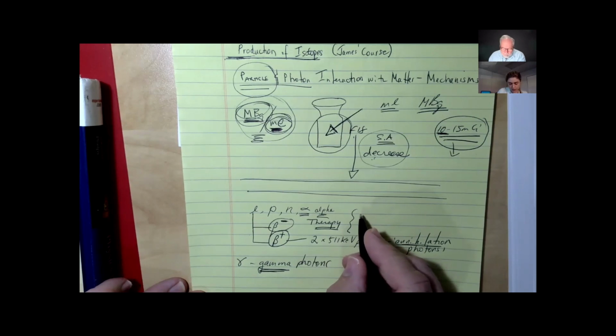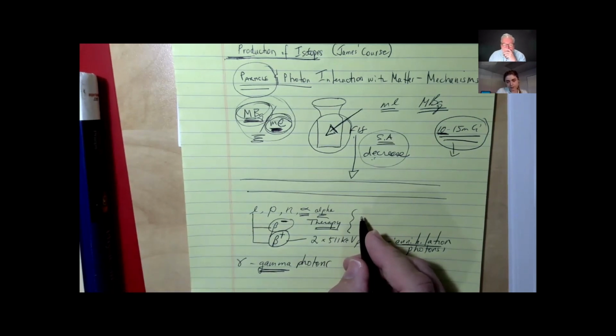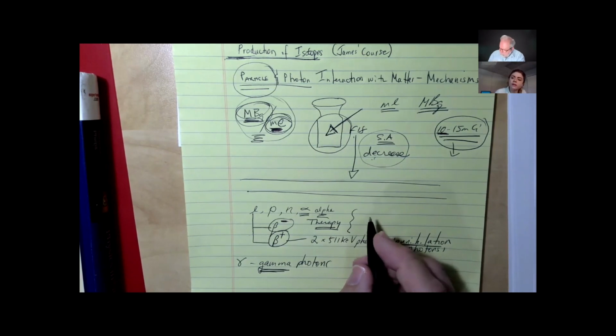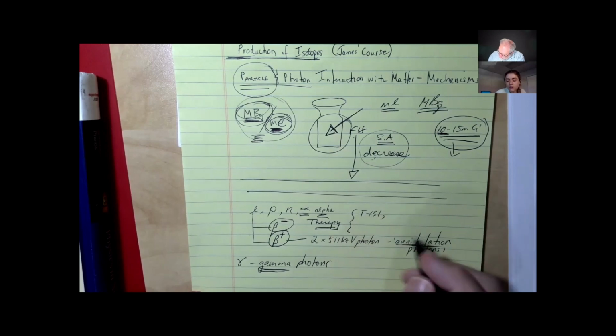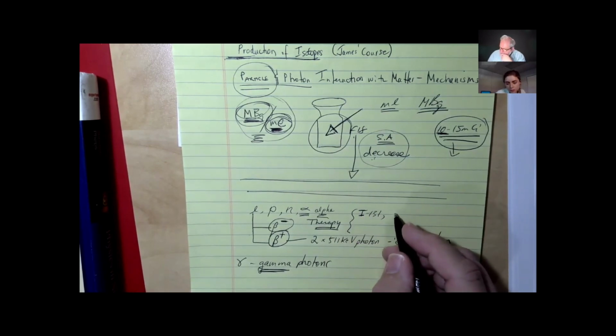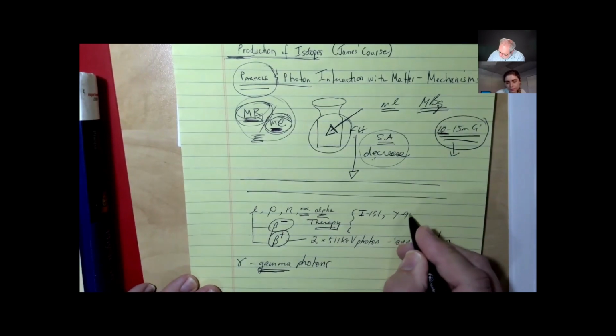Think back to the chart that I had you make up the first class. Oh, like I-131. Yeah, okay. So we also use that for imaging. What else is there? Is yttrium a beta minus? Yeah, it's a beta emitter.